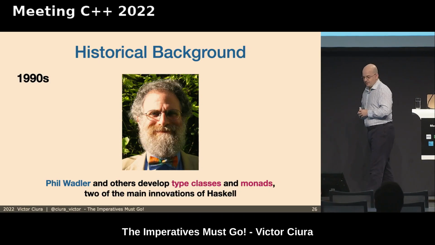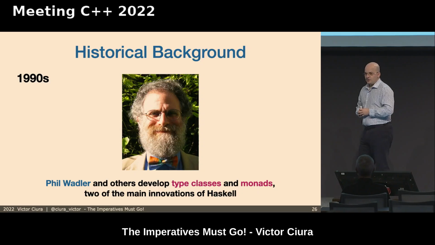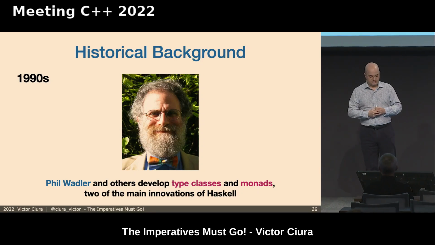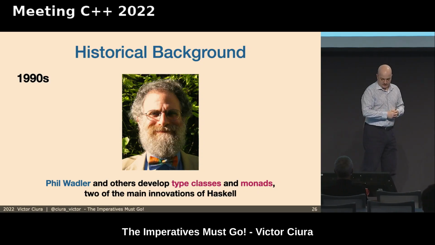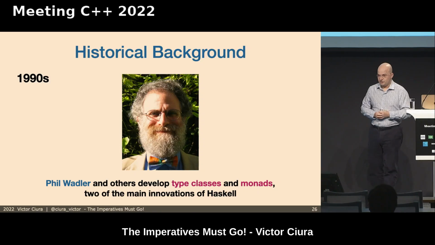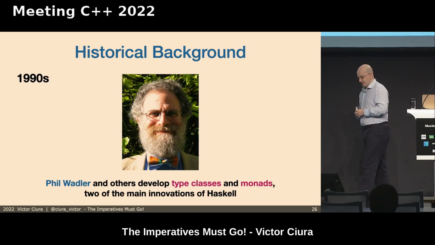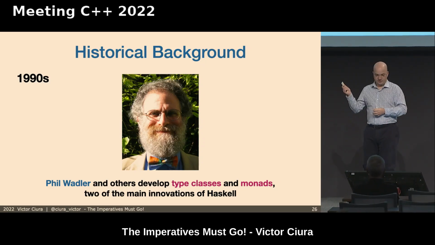And in the 90s, I think the cornerstone additions to the language most folks have heard about or associated with the name, type classes and monads, main innovations that landed in Haskell, mainly the work of Phil Wadler. More about him later.